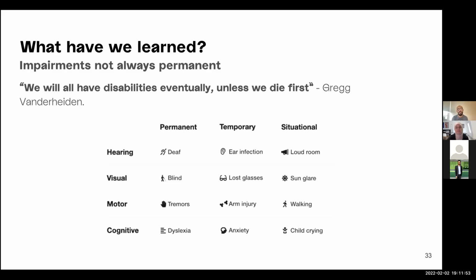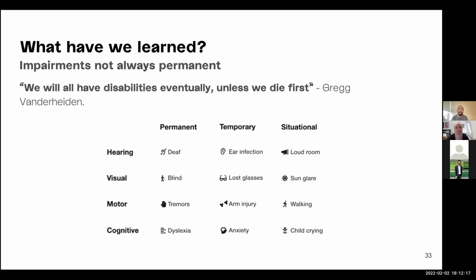It's not just like that. For example, we have the main 4 categories of disabilities: hearing, visual, motor, or cognitive. Some of these disabilities are permanent and some temporary and some situational. So that means that 100% of the users, all human beings, are disabled at some point of their lives.